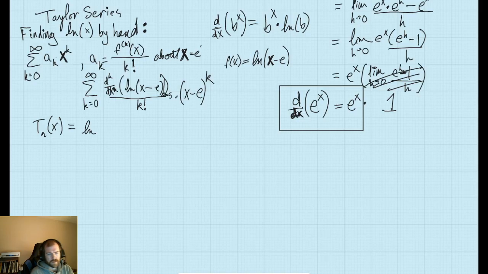Yeah, okay. It's x minus a. The derivatives are just natural log of x, though. We don't have to worry about the minus e thing. Right, so this is just the natural log of x, and we want it when x is equal to e eventually.